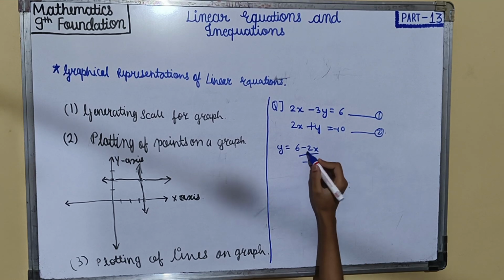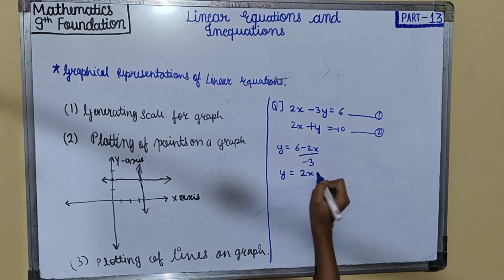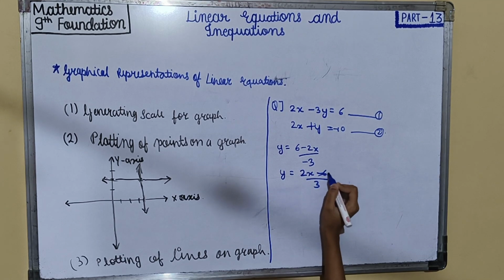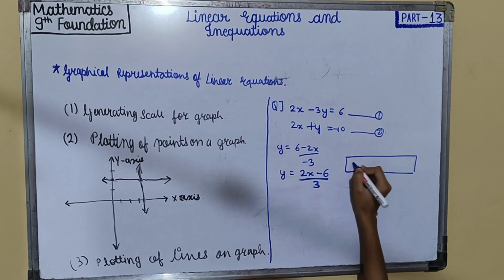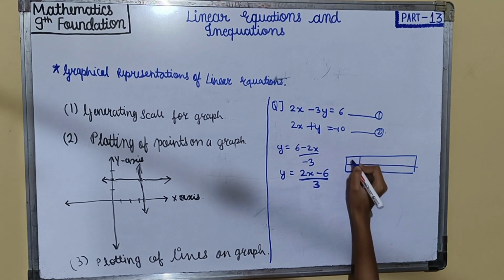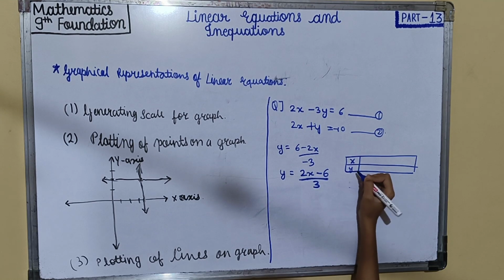After removing the signs, we will get 2x minus 6 upon 3. So the ordered pairs which satisfy the equation are, first of all, this is the value of x and this is the value of y.